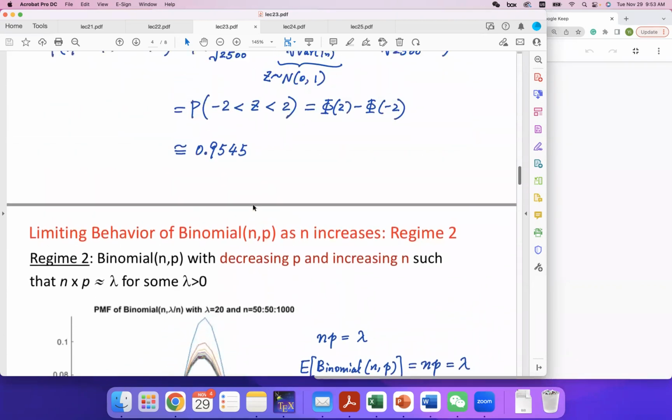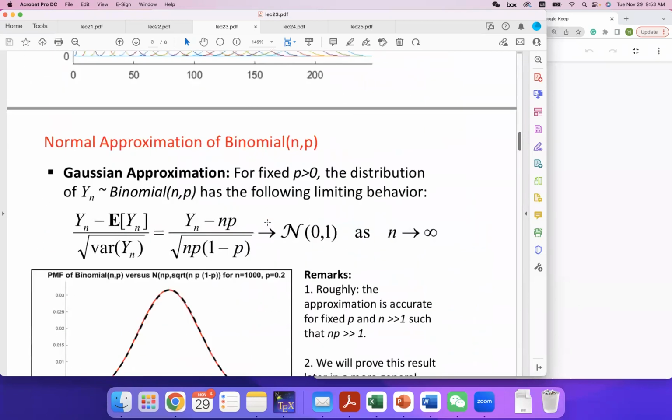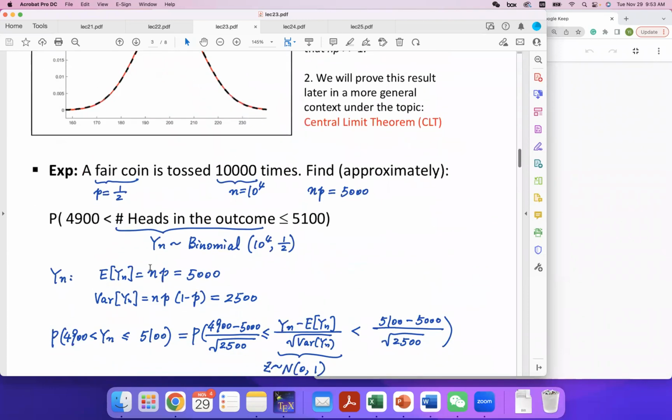But compared to the previous case, here we are fixing p and letting n go to infinity. So the mean is going to go to infinity because it's n times p, and the variance is also going to go to infinity, because p is fixed and n goes to infinity.